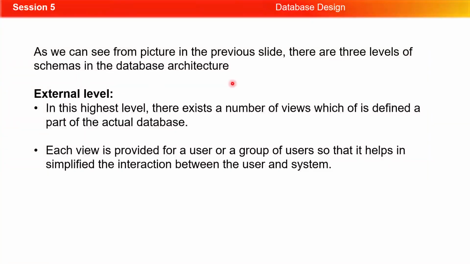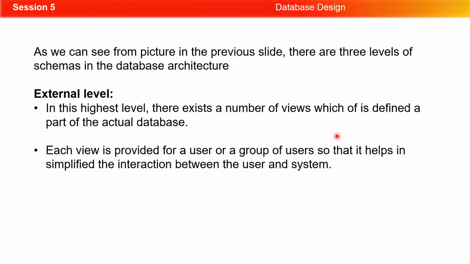So we can see from the picture in the previous slide, there are 3 levels of schemas in a database. And schema is an overused term, so we'll try to define it as we move forward. Typically, schema means template whenever we talk about a database. So the external level is the highest level.